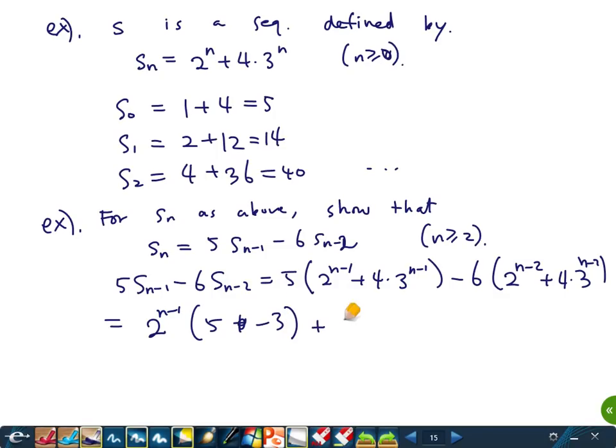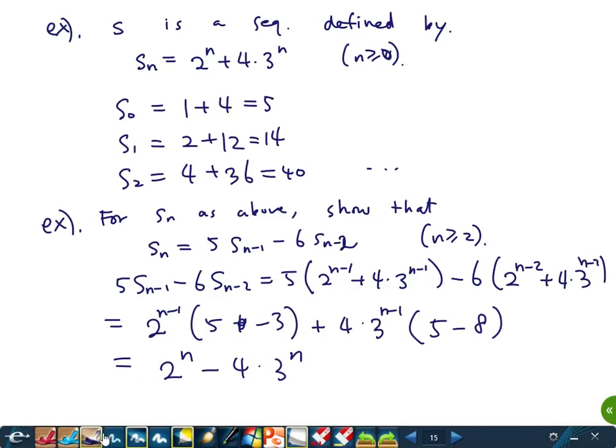And plus, we have 4 times 3 to the n minus 1, which is going to be 5, and 3 times 2, so minus 8. Then you can simplify this.